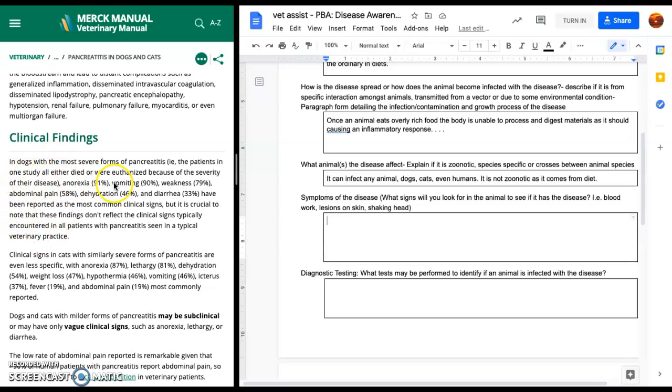So here we have things that it's talking about: anorexia, vomiting, weakness, abdominal pain.